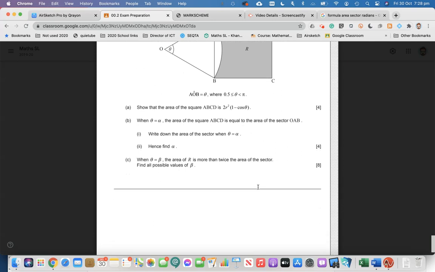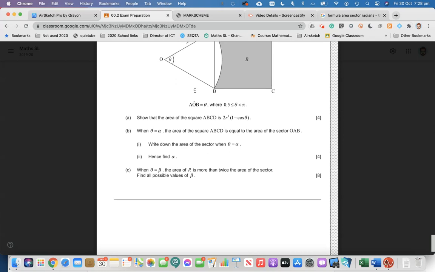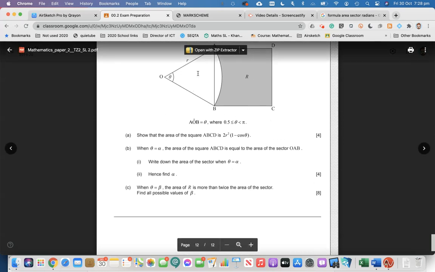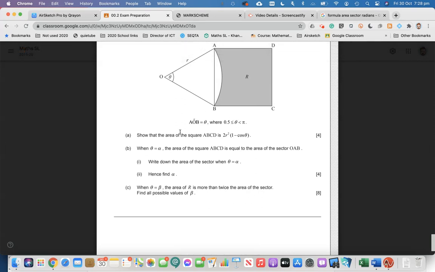Now, this bit here is a little bit confusing at first. When theta equals alpha, so what they're trying to say is that this representation could be for any angle between 0.5 and pi. Now let's take theta to be a specific angle. I know it's just another variable, but that's kind of making it a constant called alpha.